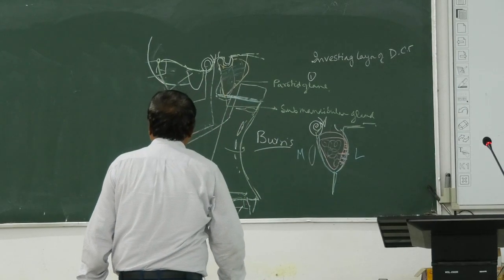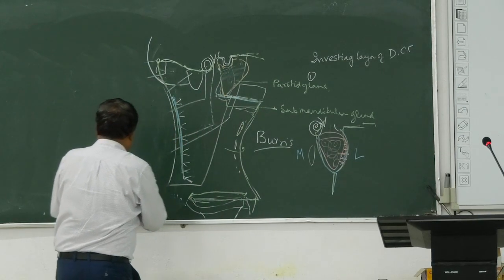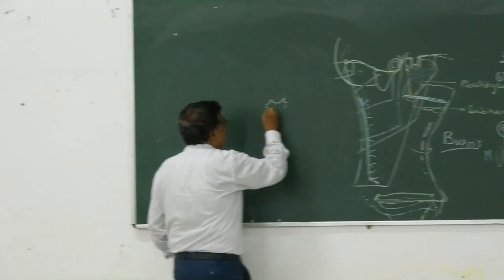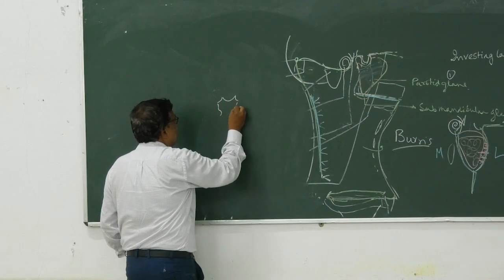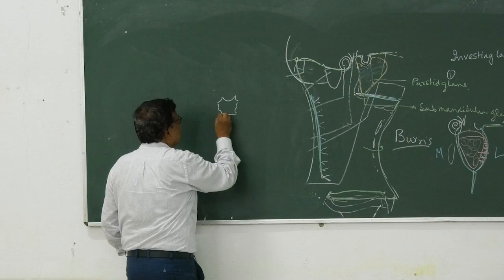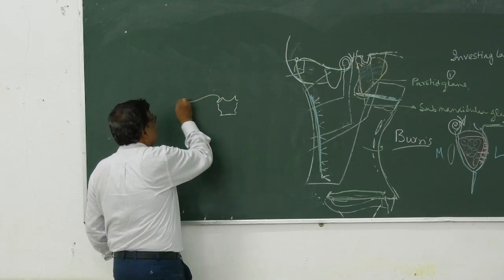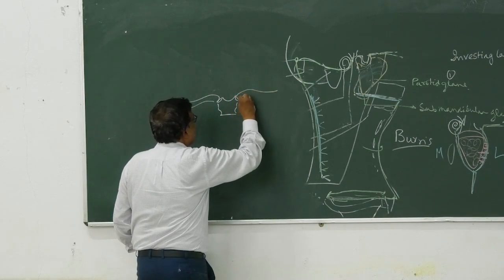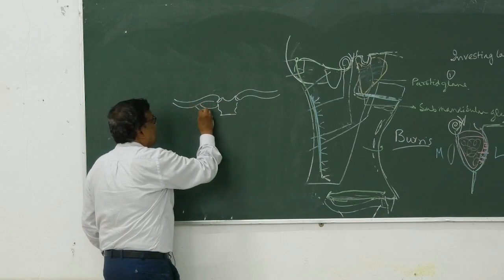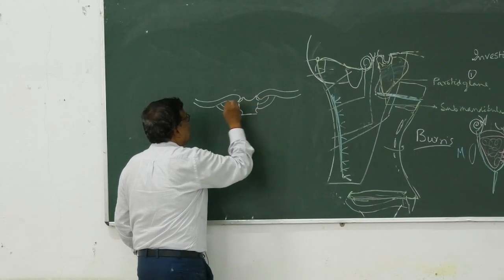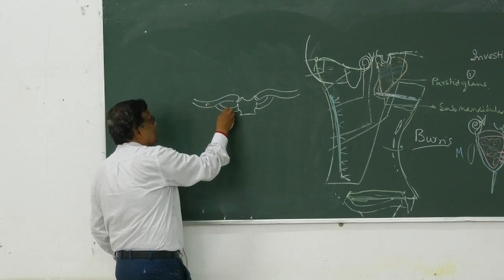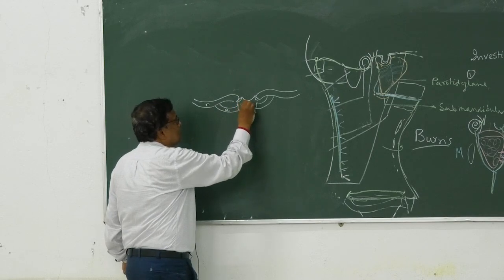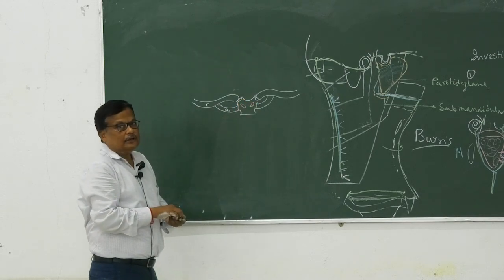Origin, এটা clavicle, এটা first rib. Sternocleidomastoid takes origin from the anterolateral. It has got two origins.